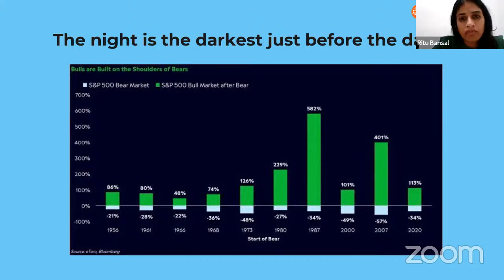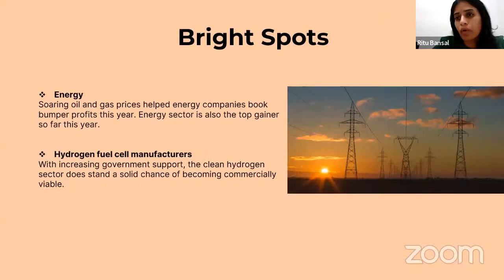So, energy. We all know crude oil, for the wrong reasons, going up to say 120, 125 dollars per barrel on the WTI crude. The whole reason for energy going up was the geopolitical crisis in Europe, which is still persisting, and you have a lot of sanctions imposed by the West.